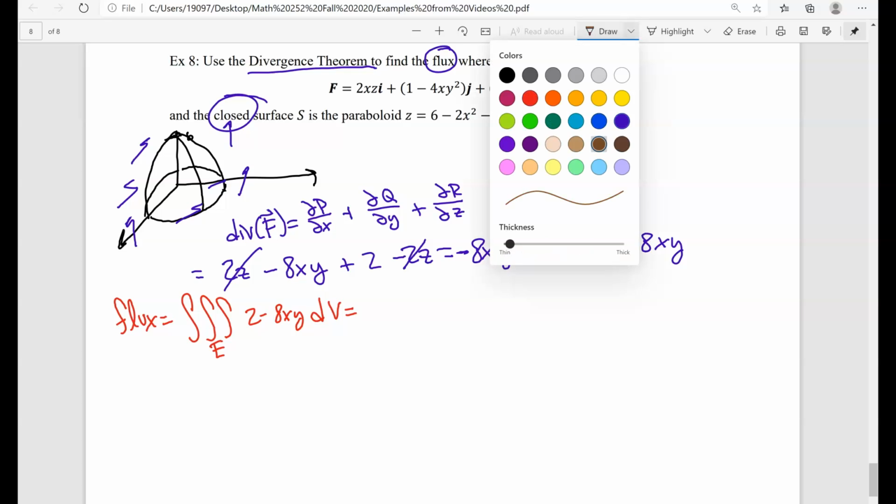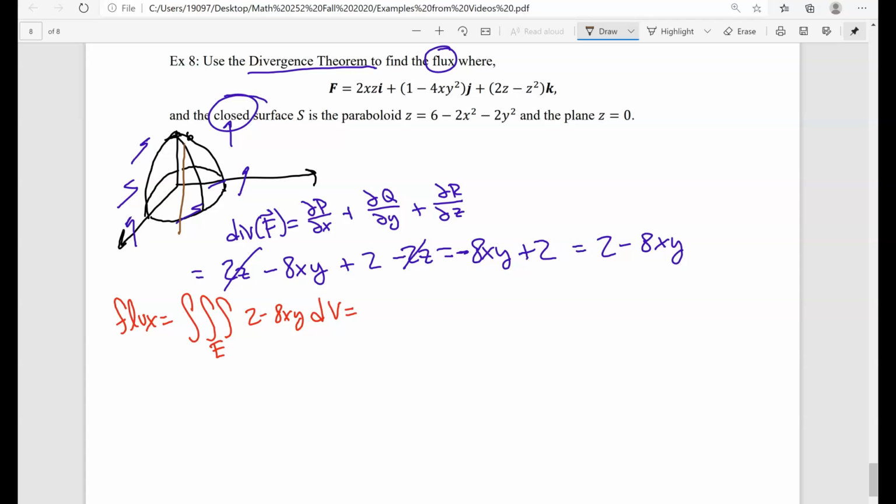We first do an upper minus lower setup. My z is between the bottom, which is 0, and the paraboloid, which is 6 minus 2x squared minus 2y squared.